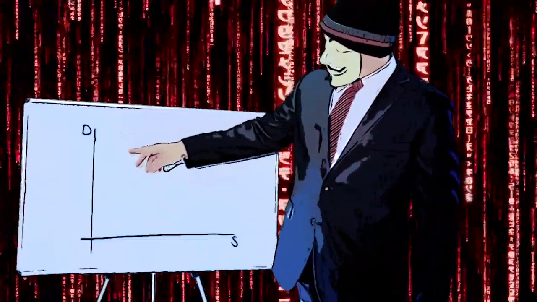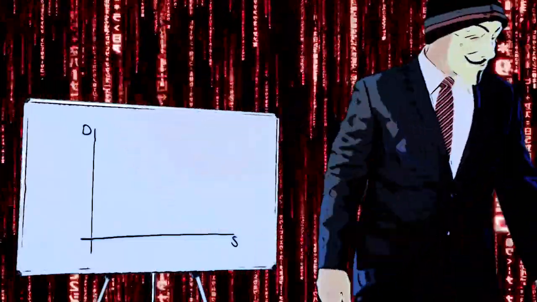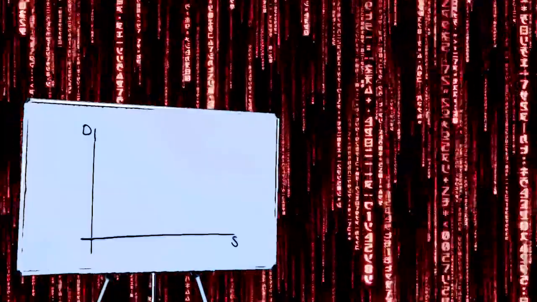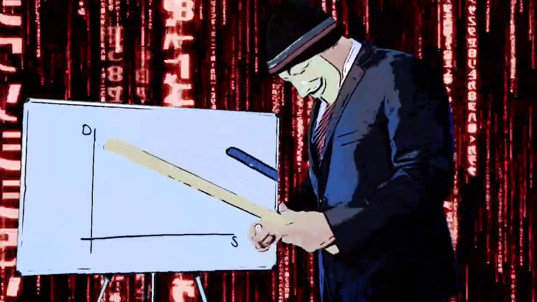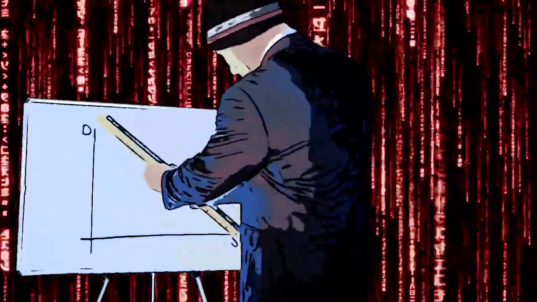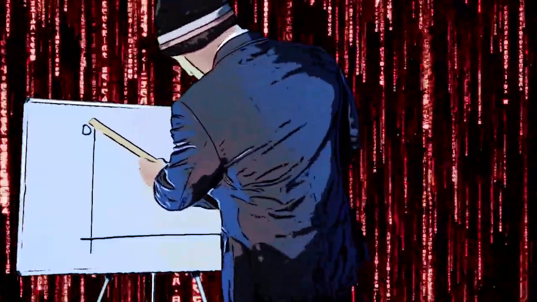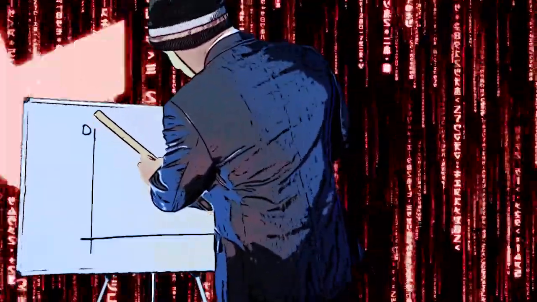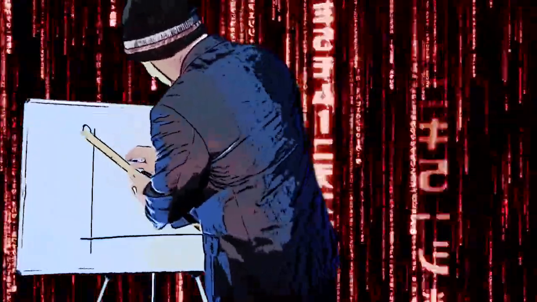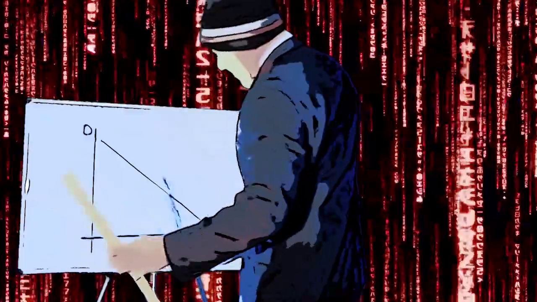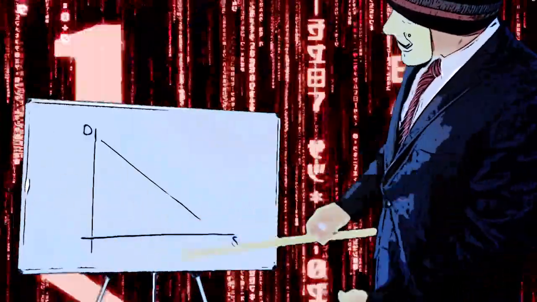And then basically what we do is we represent demand by a declining curve, by a downward slanting line. Okay, so this is our demand curve.